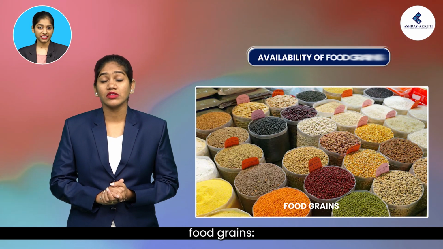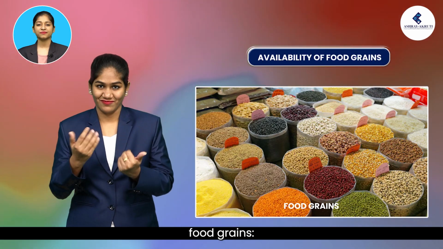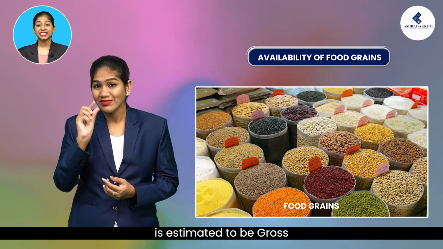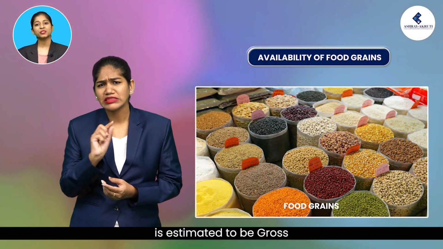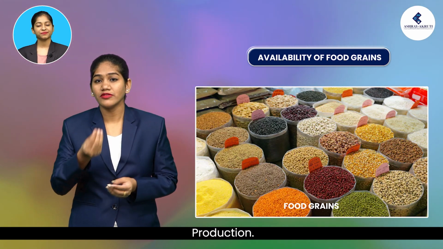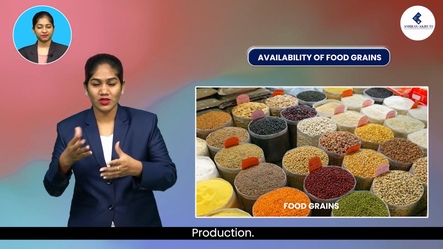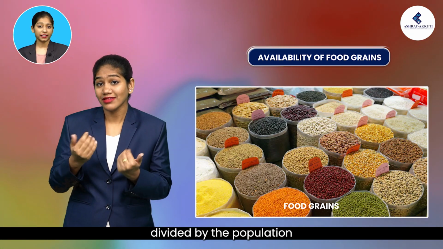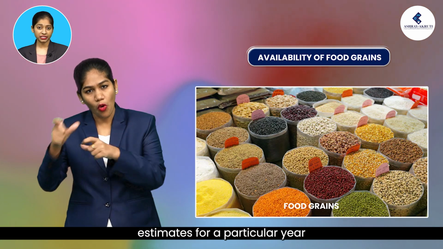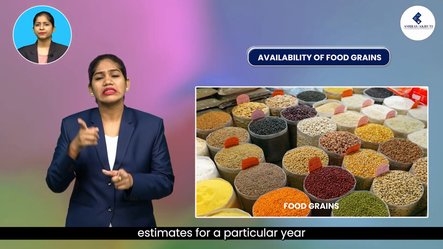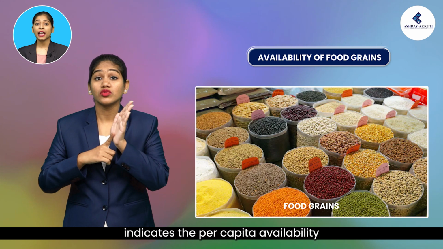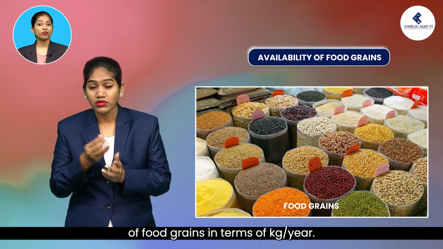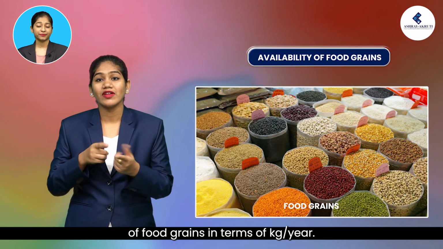Availability of food grains. The net availability of food grains is estimated from gross production. The net availability of food grains divided by the population estimates for a particular year indicates the per capita availability of food grains in terms of kg per year.